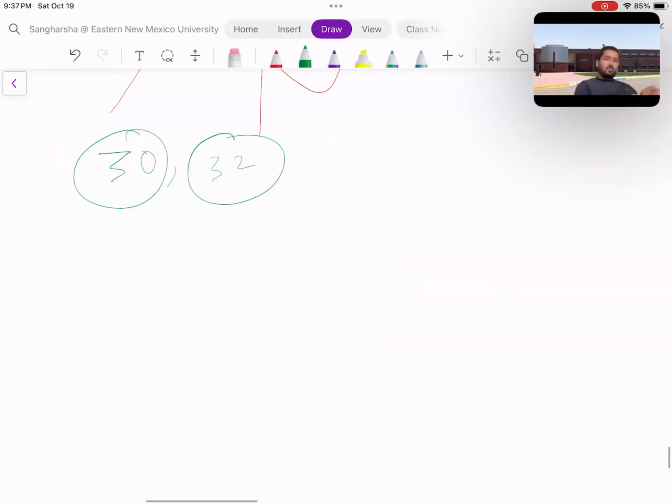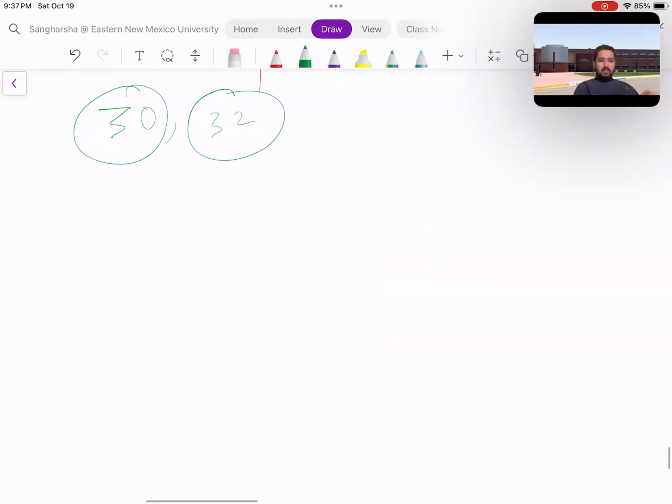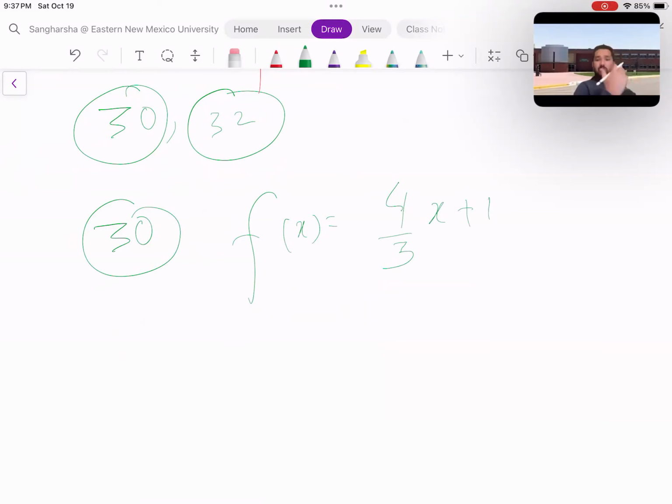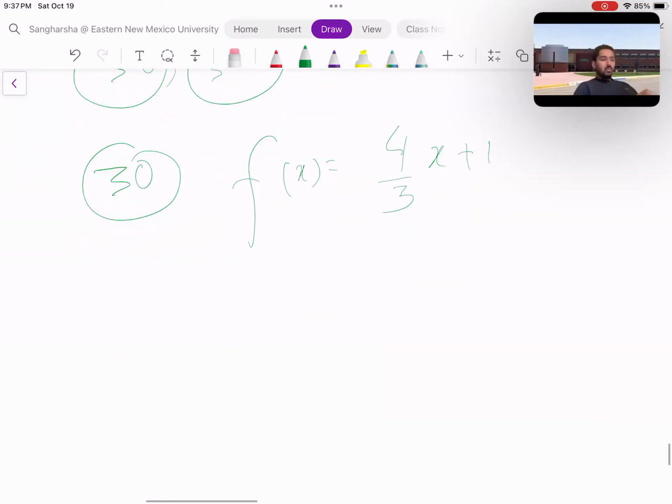Let me pick number 30. Our function f of x is 4/3 x plus 1. You have to verify, not only decide whether this function is one-to-one. That is not enough. You have to show that this function is one-to-one or not.